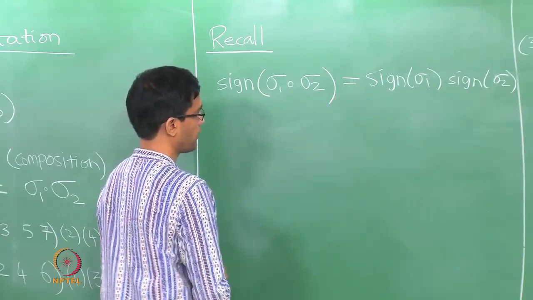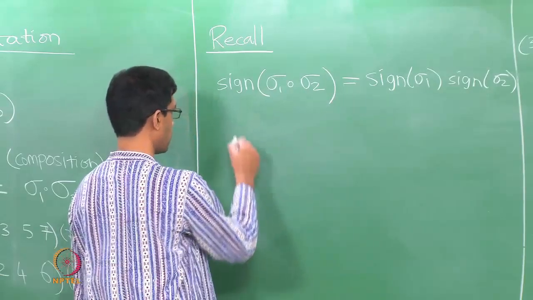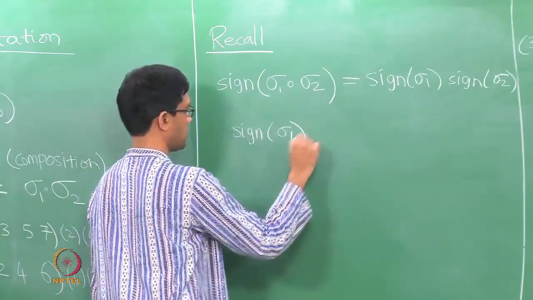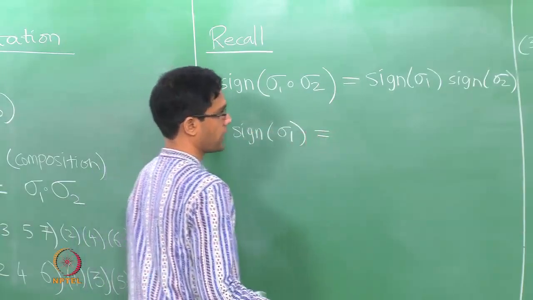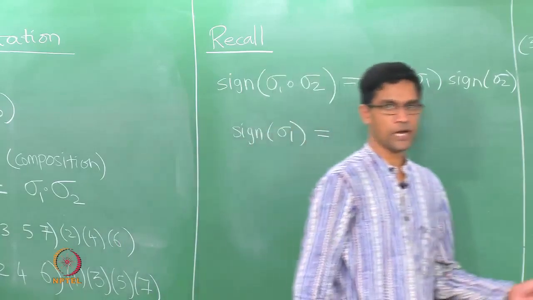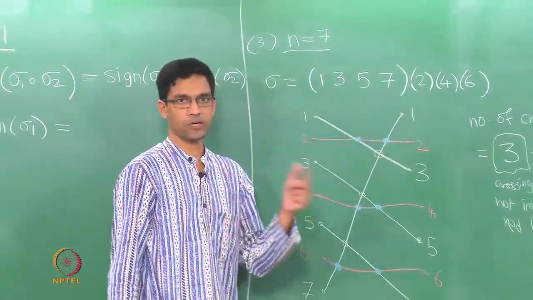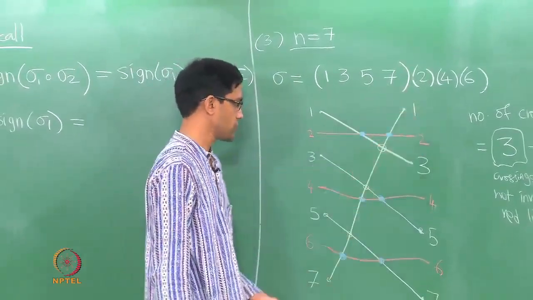So here it's just the sign of sigma 1 and the sign of sigma 2, but observe we've already talked about how to understand the sign of sigma 1, and that's exactly the thing that we wrote out here. Sigma 1 is really the permutation which cyclically permutes 1, 3, 5, 7 and does nothing to 2, 4, 6.